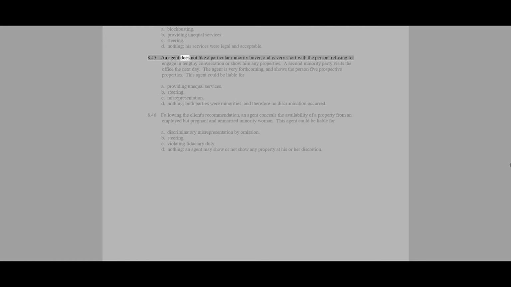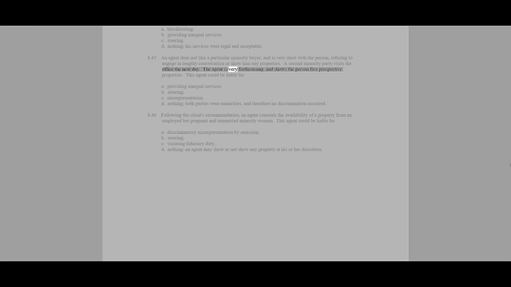8.45 An agent does not like a particular minority buyer, and is very short with the person, refusing to engage in lengthy conversation or show him any properties. A second minority party visits the office the next day.